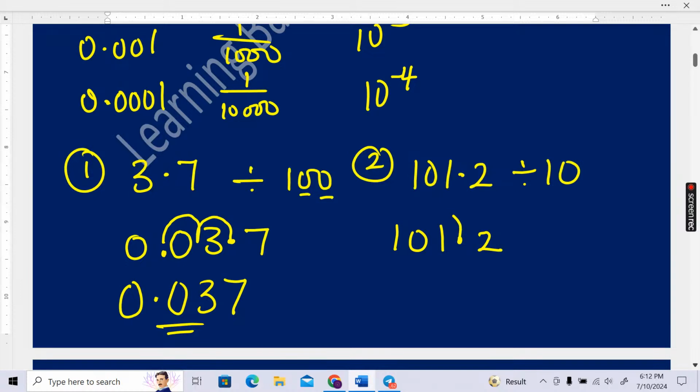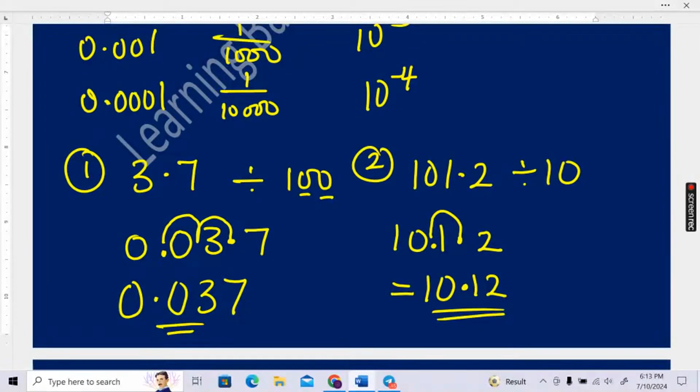So let's move it 1. So my decimal point has been shifted right here. So the final answer is equal to 10.12. Understand? And I hope you're enjoying the class.